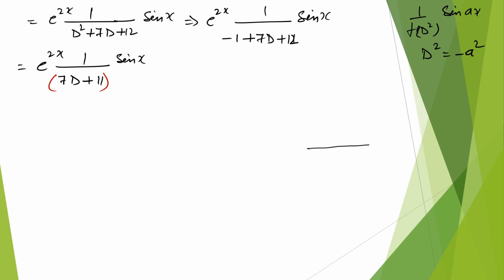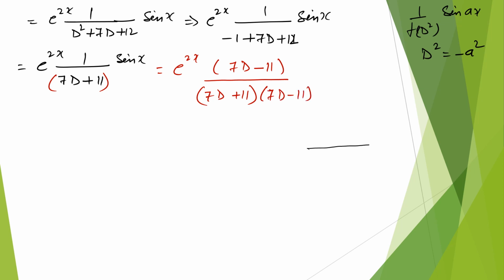To solve this portion, we have to rationalize it. That means e to the power 2x into 7d minus 11 over 7d plus 11 into 7d minus 11 and sine x.